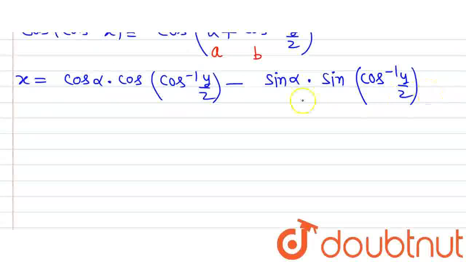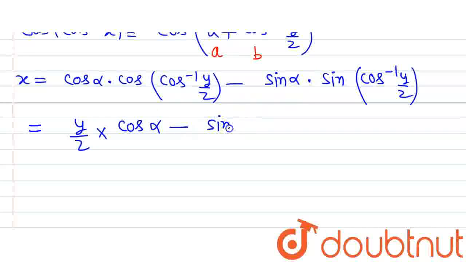Now simplifying it further, cos of cos inverse y by 2 will give us y by 2, so we will have y by 2 multiplied by cos alpha minus sine alpha multiplied by sine of cos inverse y by 2. So this is what we will have.